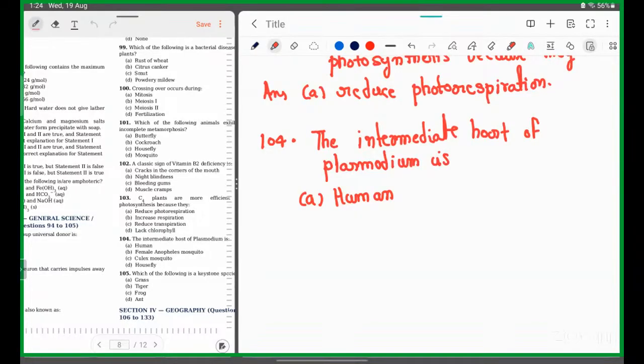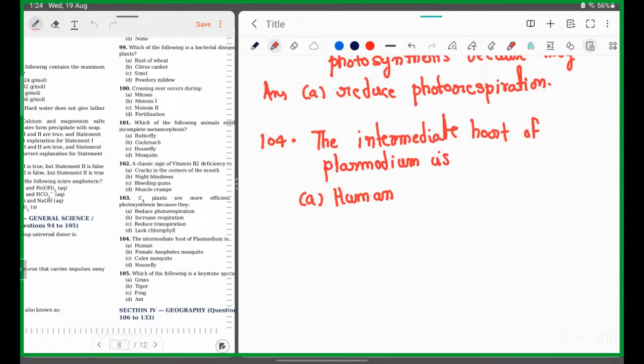Coming to the next question, which of the following is the keystone species. The options given are grass, tiger, frog, ant. So first you have to learn what a keystone is.